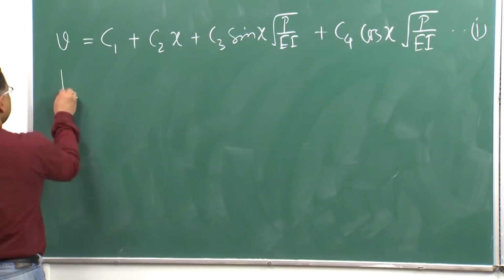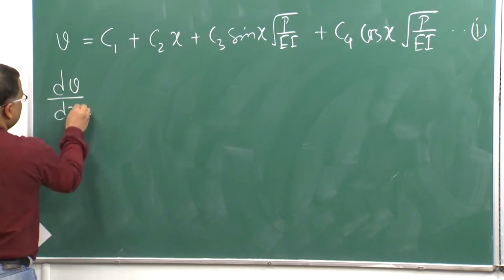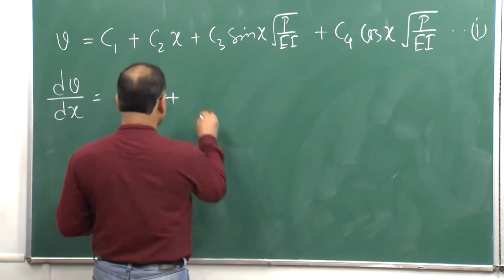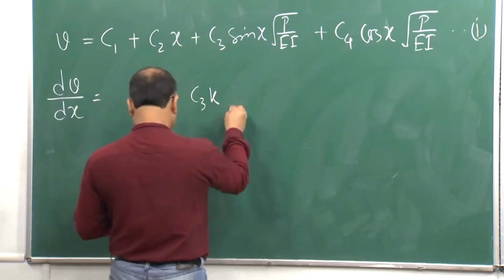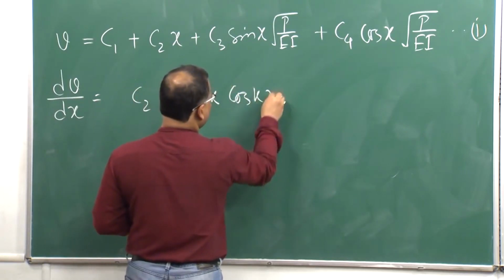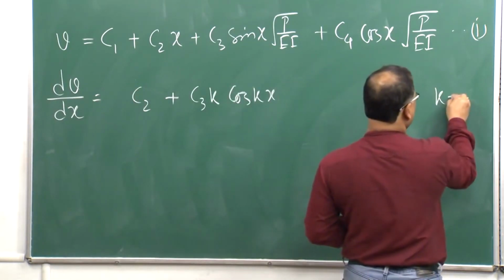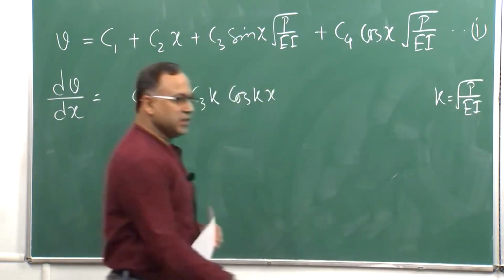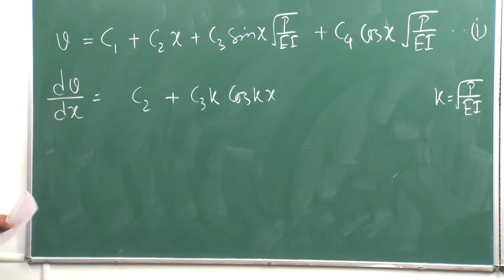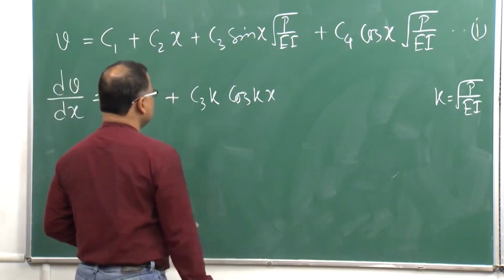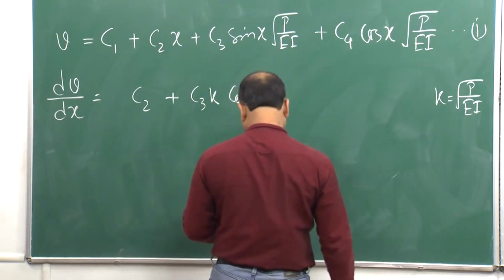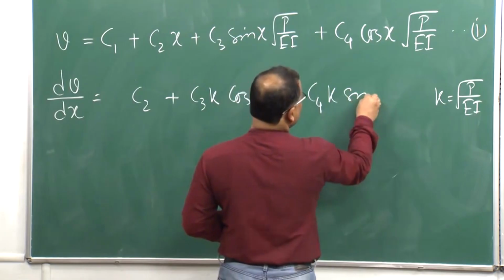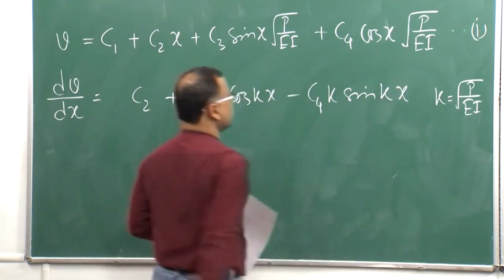If we take dv/dx, I can simply get C2 plus C3 k cos kx, where k is nothing but root over P by EI. Instead of writing root over P by EI every time, we write k. Then minus C4 k sin kx.